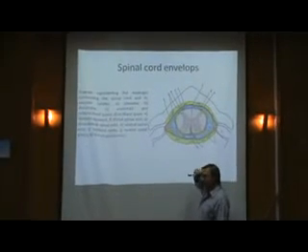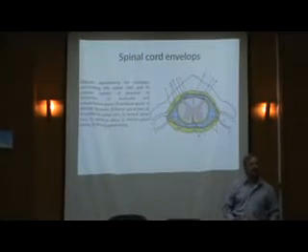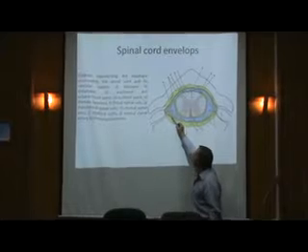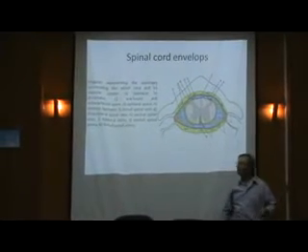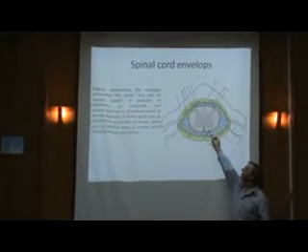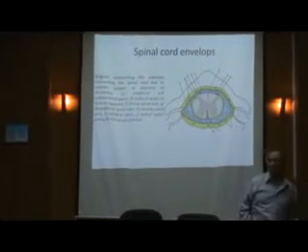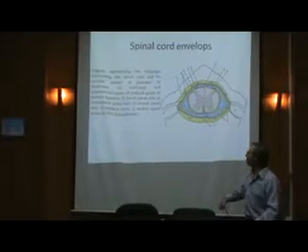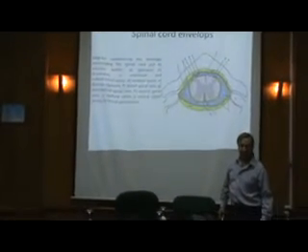This is the inner envelope, and it is continuous all along the nervous system. There is also another envelope outside. This one is thin, but this one is thick, because it is very hard and dense connective tissue, isolating and protecting the nervous system completely.